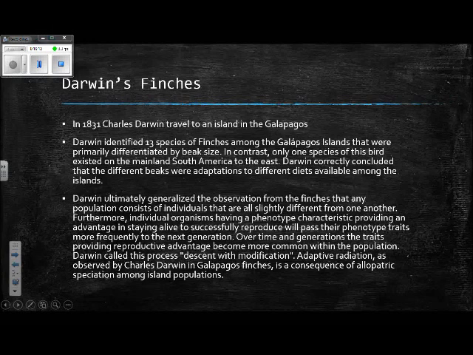Adaptive radiation, as observed by Charles Darwin in the Galapagos finches, is consequently an allopatric speciation among island populations. So that's just a really long and fancy way of saying Darwin saw these finches. He saw that their beaks were different. He saw that the foods on the islands that they lived on were different. And he noticed that the beaks that they had would make it easier for them to eat the food that was available.